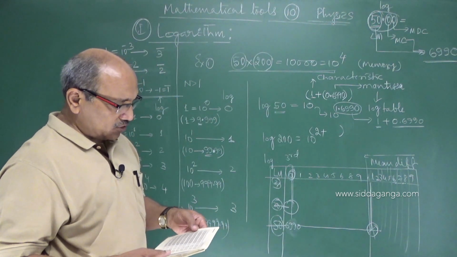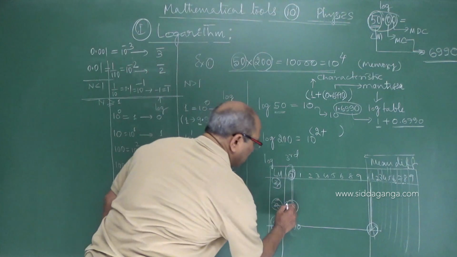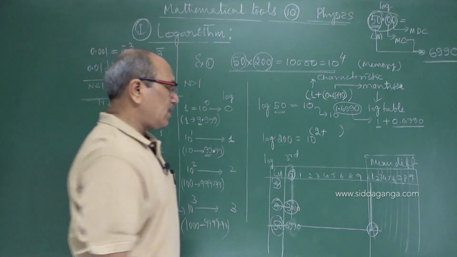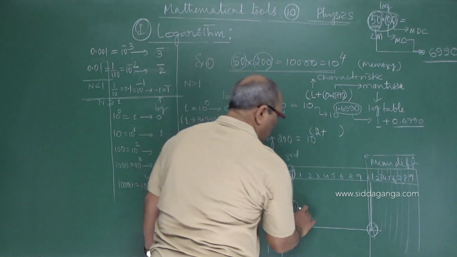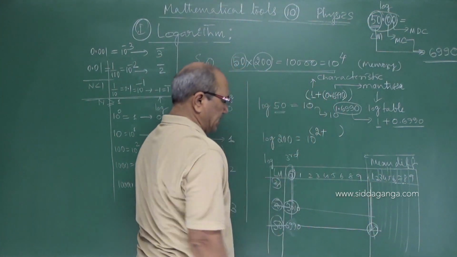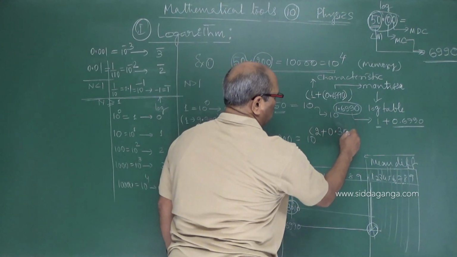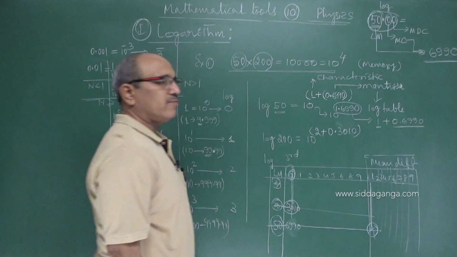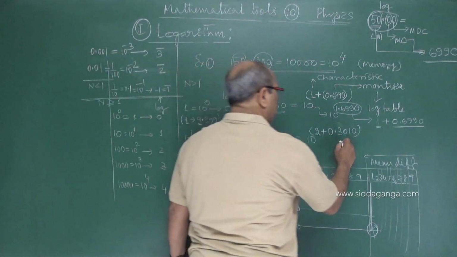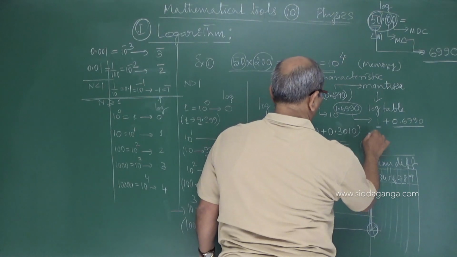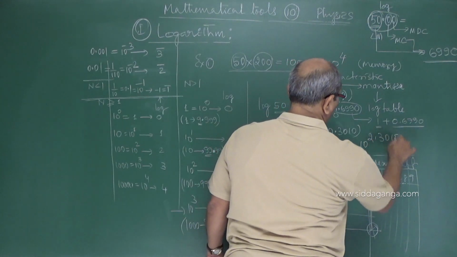For 20 you will see the number 3010. However, another 0 is not available in this column. Neglect that. I told you, when it comes you have to write 3010. It is a fraction. The log of 200 is 10 power 2.3010.